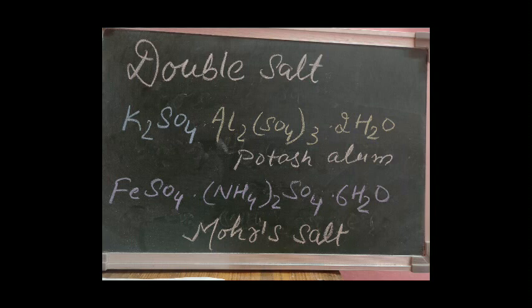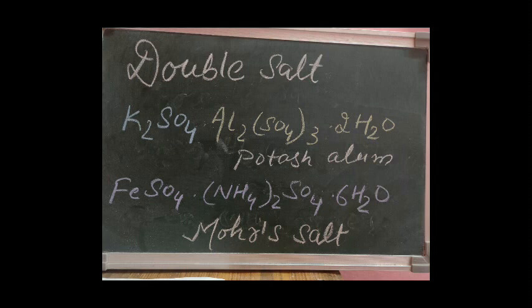Here I am showing you the example of double salt, that is potash alum. It is made up of two salts, potassium sulfate and aluminium sulfate, with the two molecules of water. Remember, in some of the previous videos we talked about how the presence of water makes the salt crystallized.